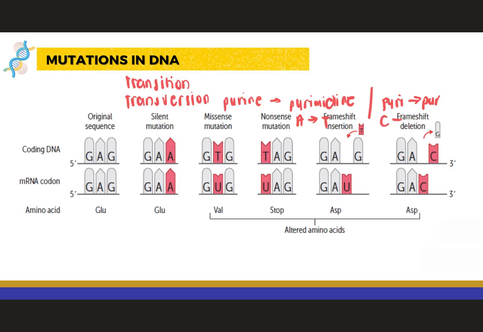For example, C to G. Again, in transition, same lang, purine to purine, like A to G, or pyrimidine to pyrimidine, like C to T.